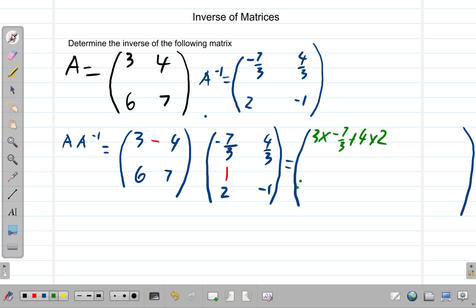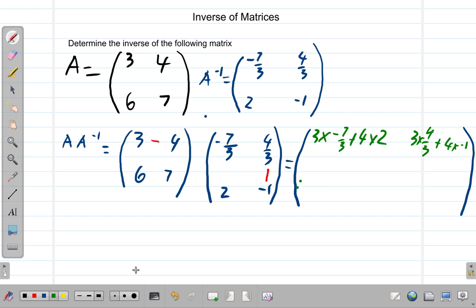Then what I have is row 1 by column 2, because this will be in row 1, column 2. So I multiply first by first, which is 3 by 4/3, plus second by second, 4 by -1.